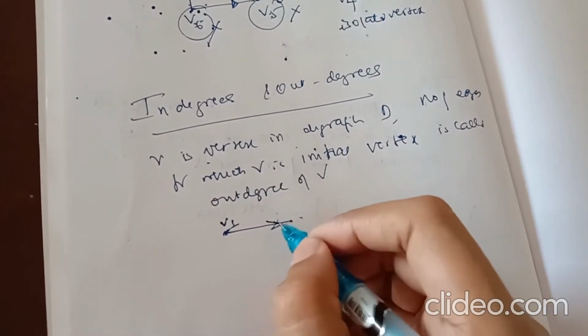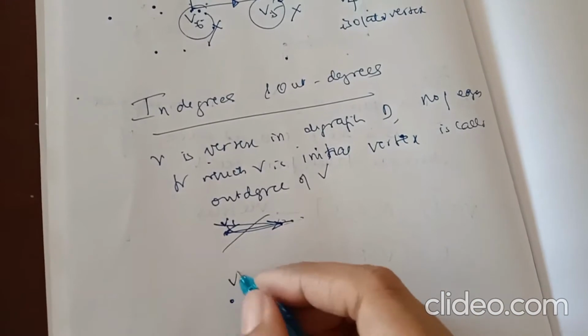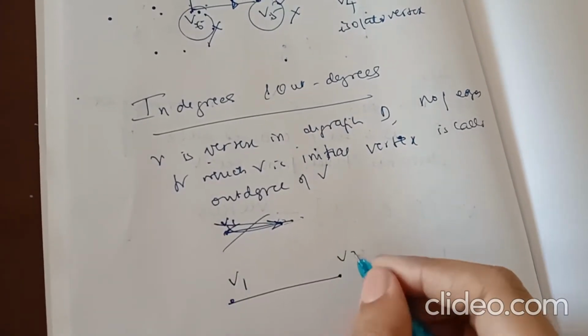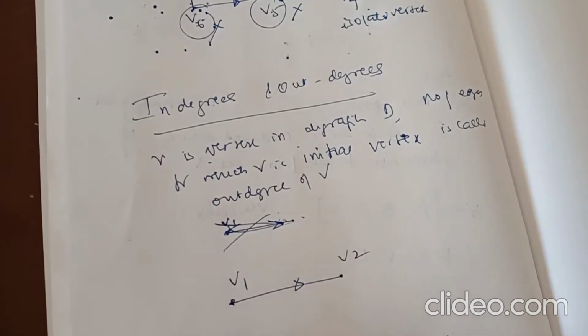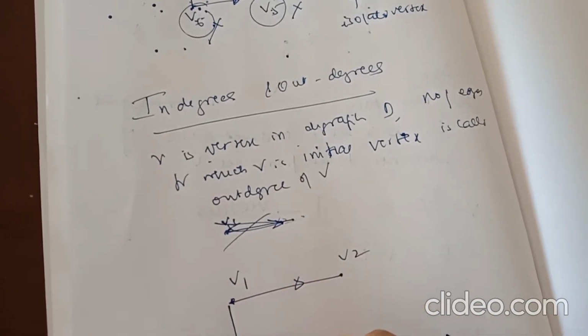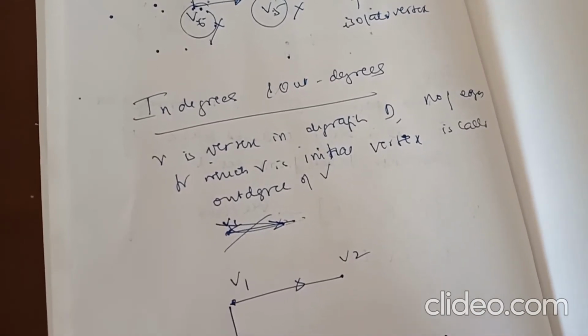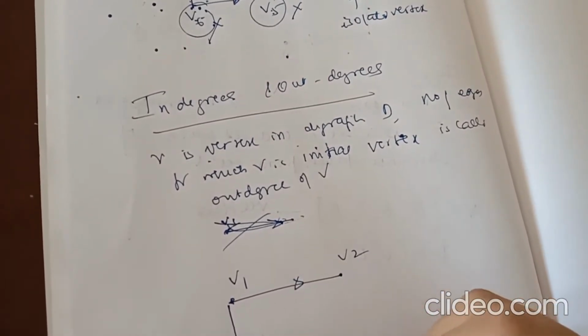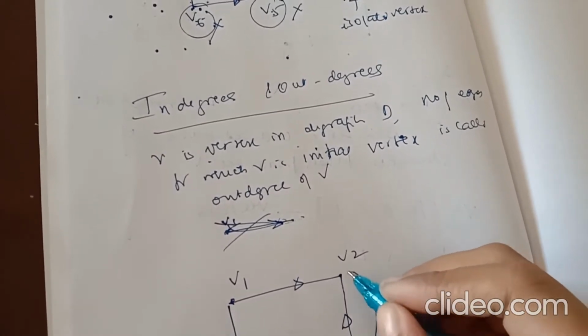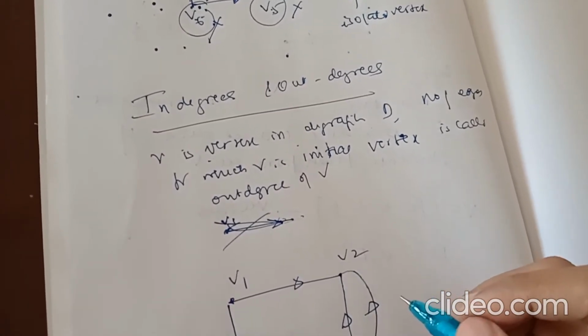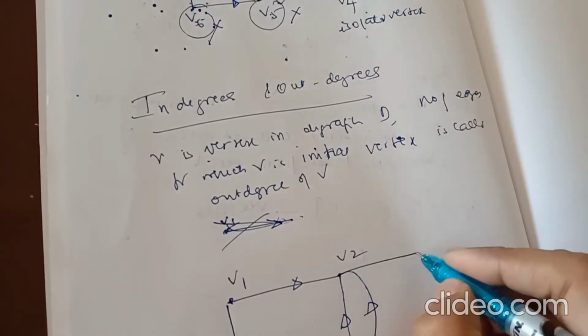Here let me give you an example. I have these vertices, vertex V1, V2, V6. And there is an edge from V6 to V5. There is also an edge from V5 to V4. Likewise, parallel directed edges.